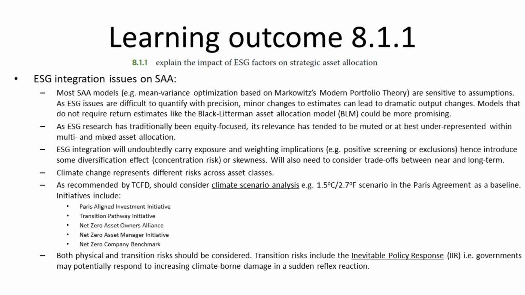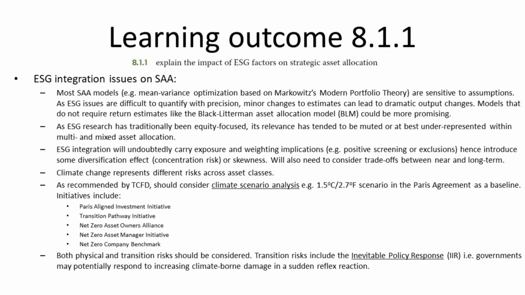And because the ESG approach has traditionally been equity-focused, its relevance has tended to be muted or at best underrepresented within multi and mixed asset allocation. Although, as we will see later in this chapter, ESG integration is indeed implemented for non-stock asset classes.